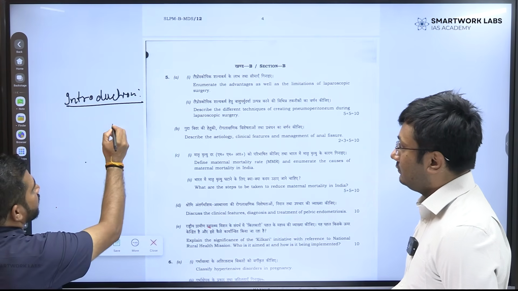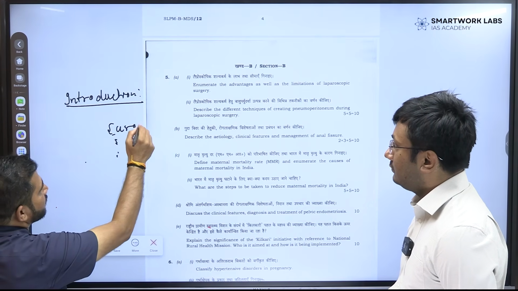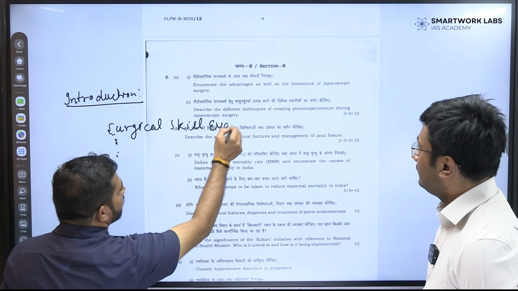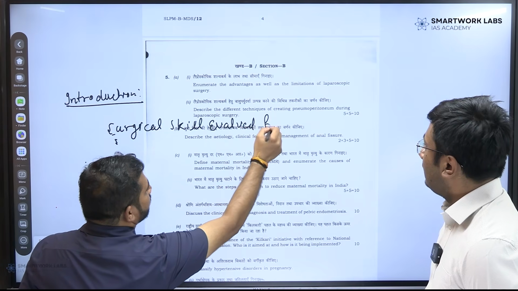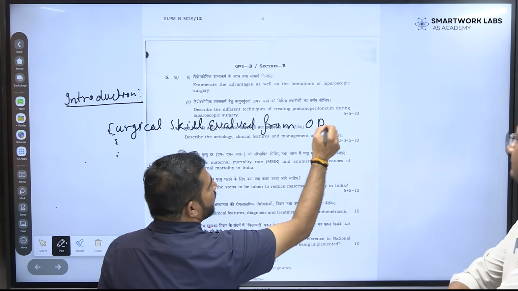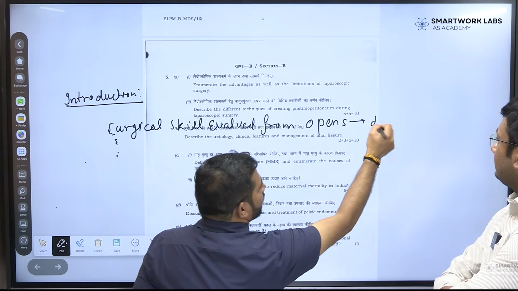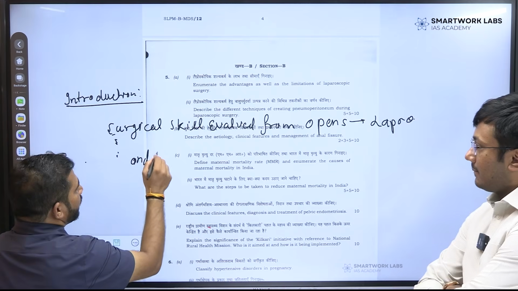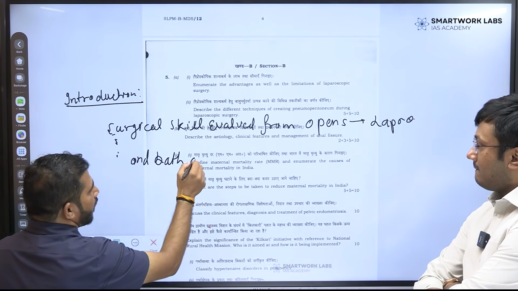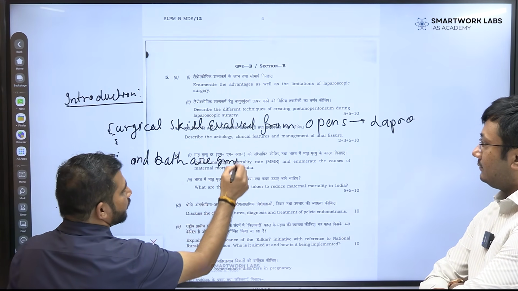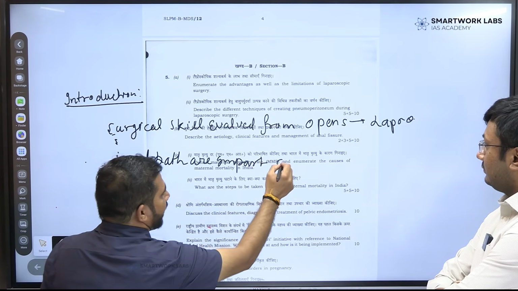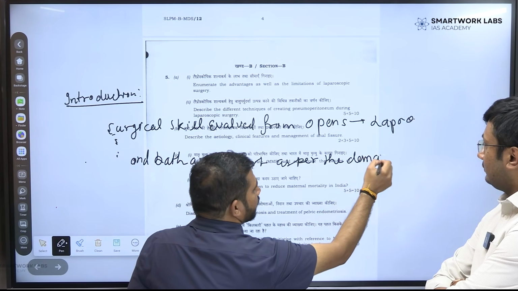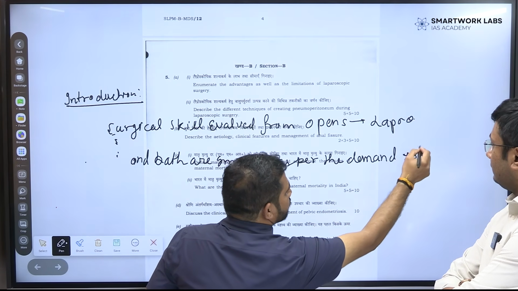So you will start with: surgical skill evolved from open surgeries to laparoscopic surgeries, and both are important as per the demand and situation.